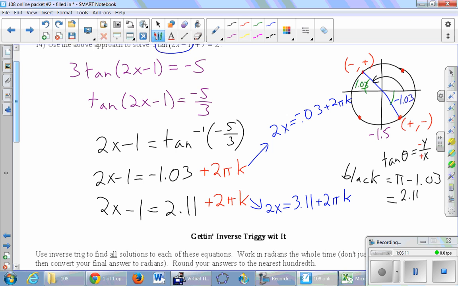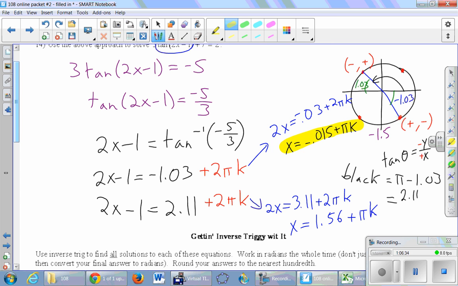And then divide everything by 2. Okay, and we've got our two answers, there and there.